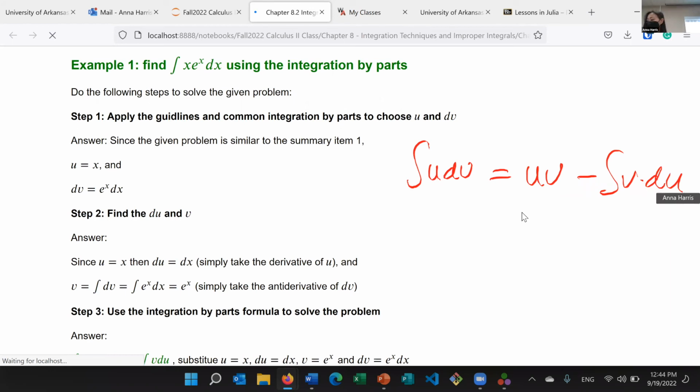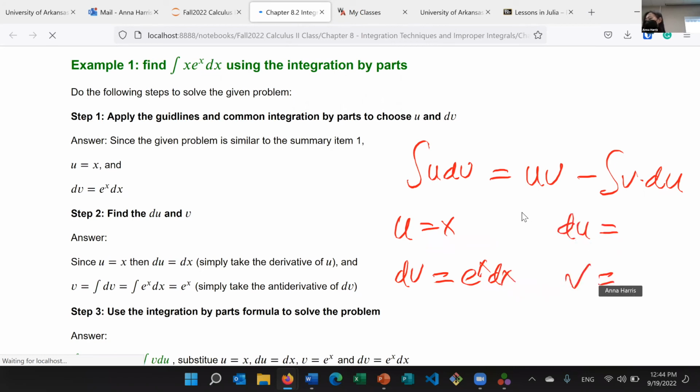So we know u, we know dv. Can I find du and v? How can I find du? By taking the derivative, which is just 1 dx.